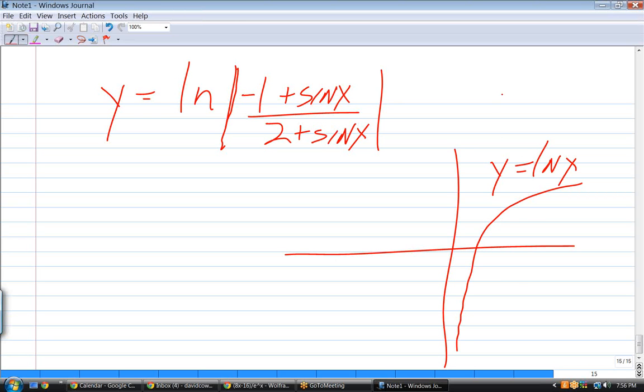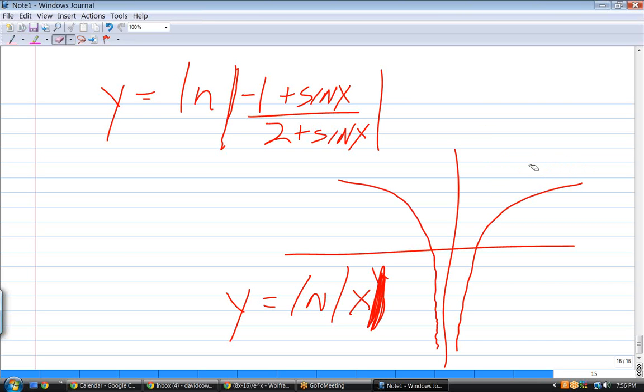But if I want to graph y equal natural log of the absolute value of x, well, now x can be positive or negative, right? Because I'm going to take the absolute value of it. So, since x can be positive or negative, that's what that graph looks like. Both of them. In other words, now I'm looking at the natural log of the absolute value of x.